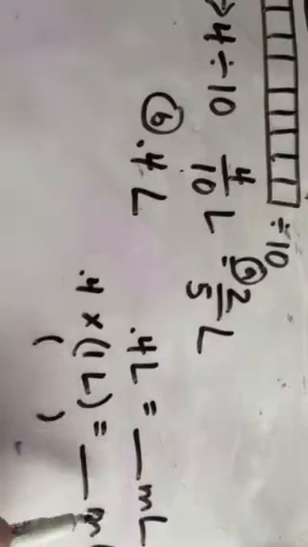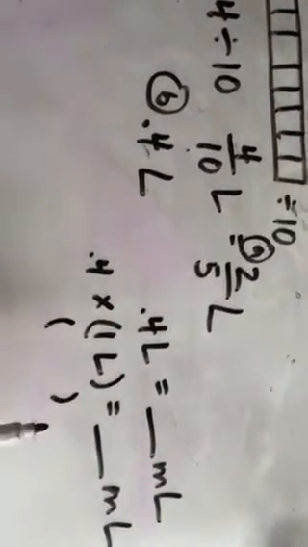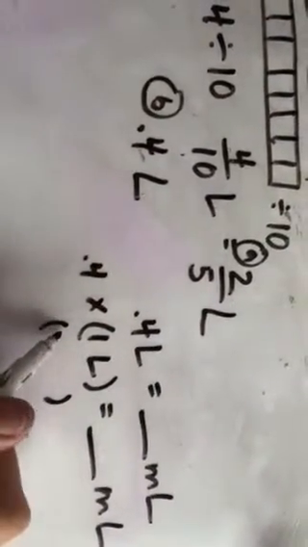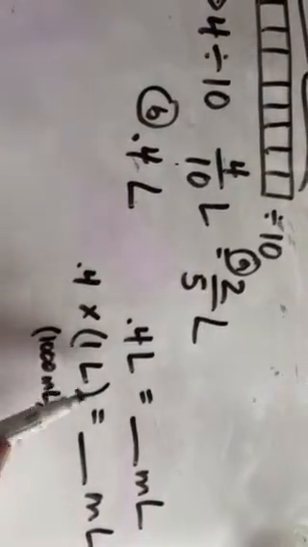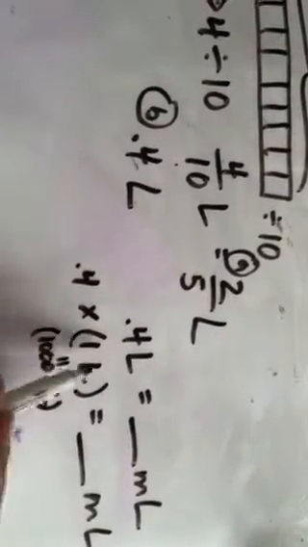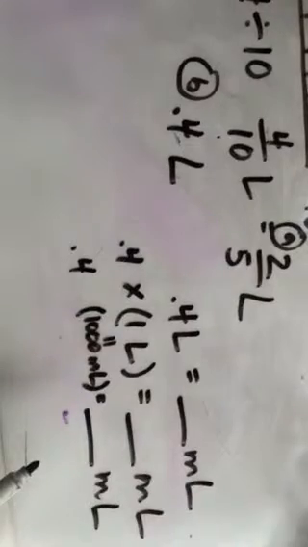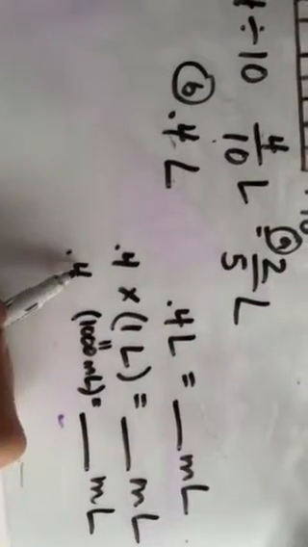You should remember that milli means really small. It means 1,000. I need 1,000 milliliters to make 1 liter. These guys are the same. They equal each other. Now all I have to do is multiply. I could do this 2 ways.